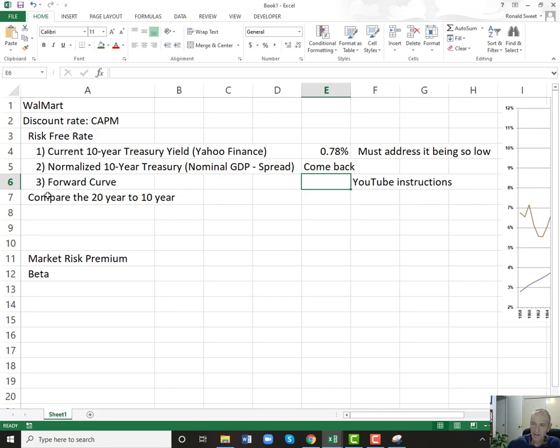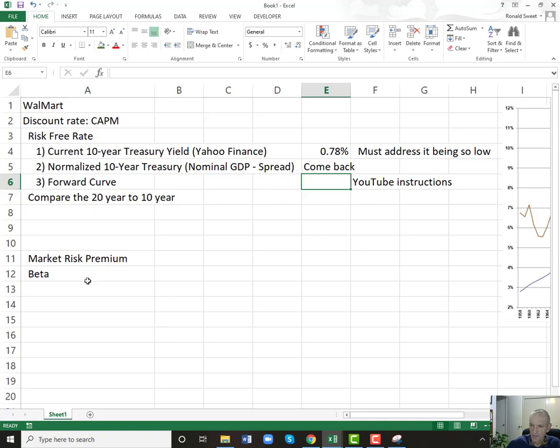And so it is possible to actually buy that bond in the future. So what I'm going to do is compare the 20-year to the 10-year. I would prefer to compare the 15-year to the 5-year, but I'll compare the 20 to the 10-year just because those are the numbers I can get.